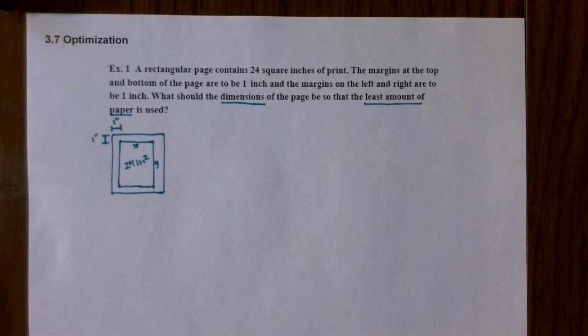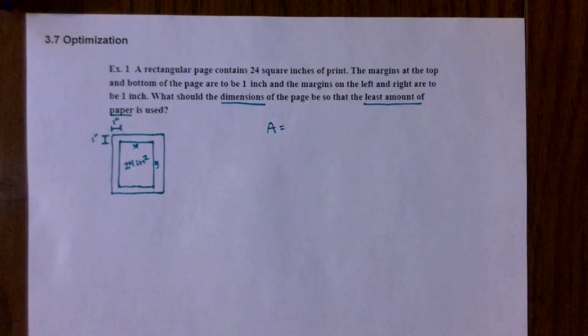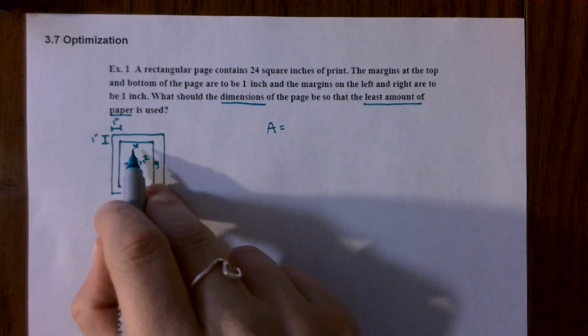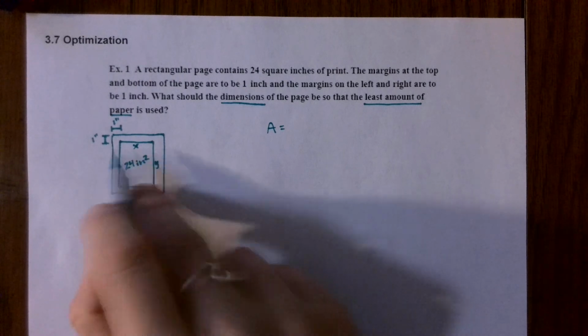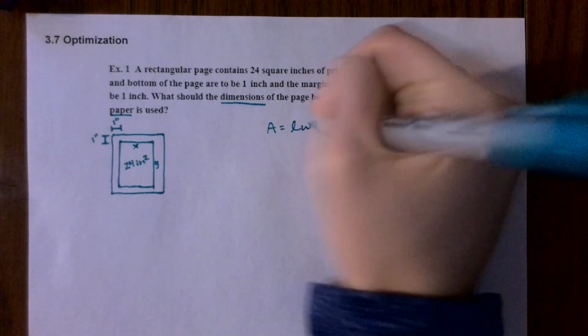So what I'm looking to minimize, first of all, if we're talking about the area of this piece of paper, that means we've got this x value, but then we have the margins on either side, so my length and my width.